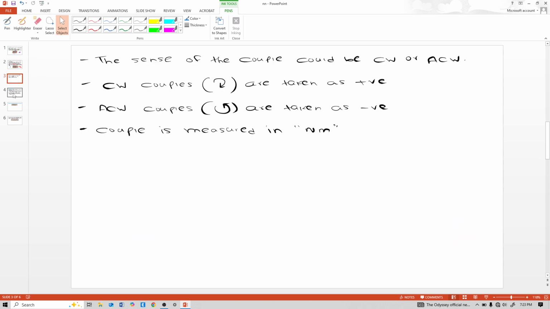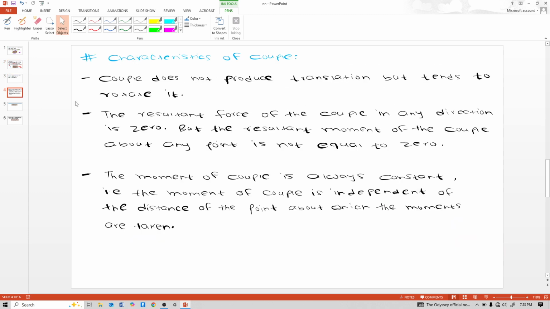That's why the resultant force of the couple in any direction is zero, but the resultant moment of the couple at any point is not equal to zero. Moment is not zero, remember this.